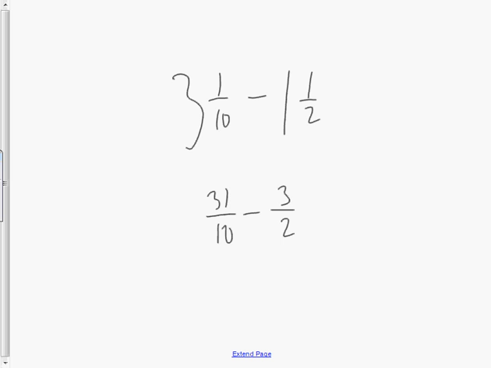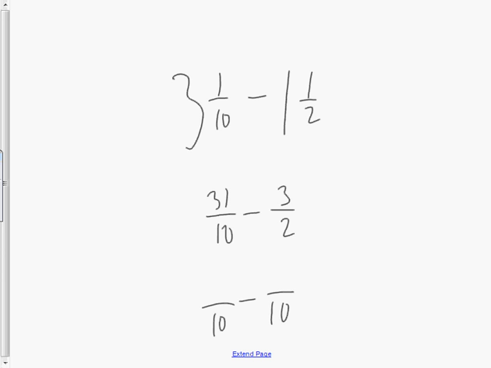Question 29, you have 3 1/10 take away 1 1/2. You're dealing with subtraction of two mixed fractions. Convert them both into improper fractions. Reevaluate the denominators. Realize the first multiple both 10 and 2 will share is 10. If you use 20, it'll still work.